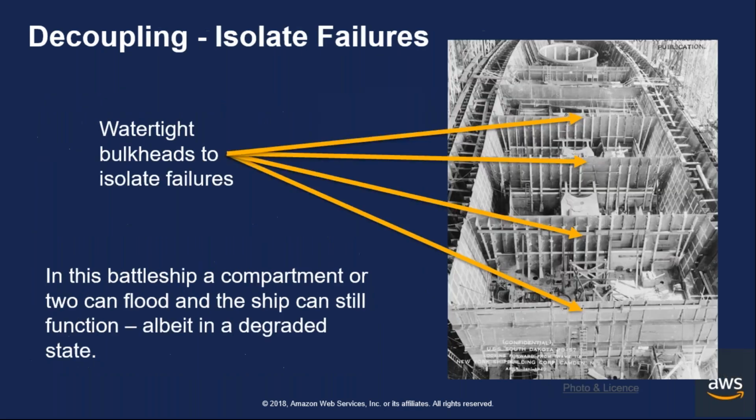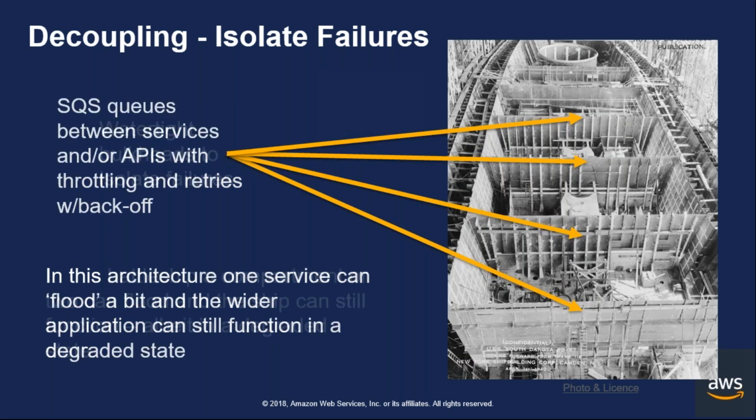This is just a small example. This is a picture of a ship getting built in World War II times. You will see watertight compartments separated by walls, and they help to contain the flood if there is a breach in the ship. Same thing you can implement within your design.